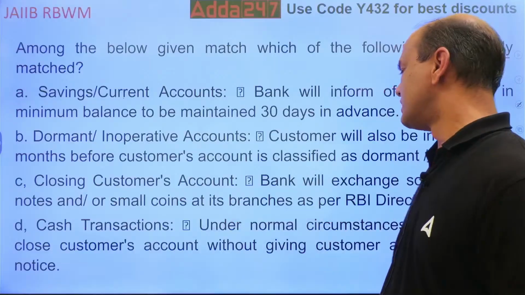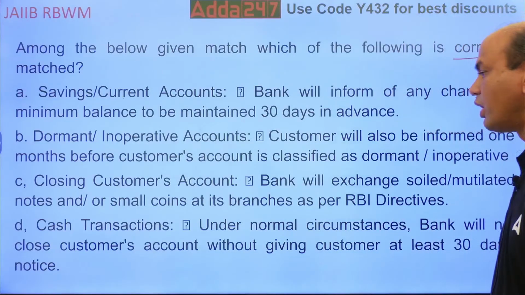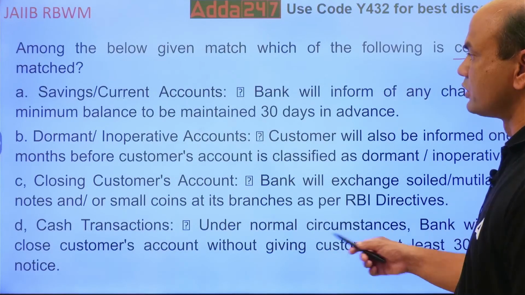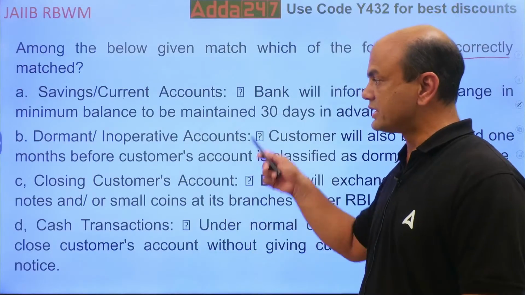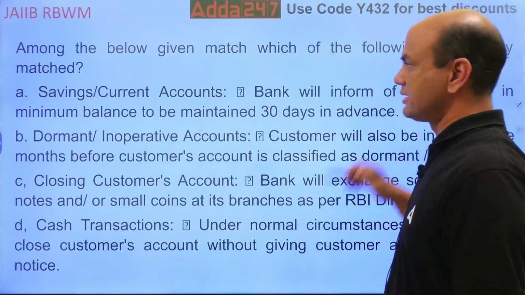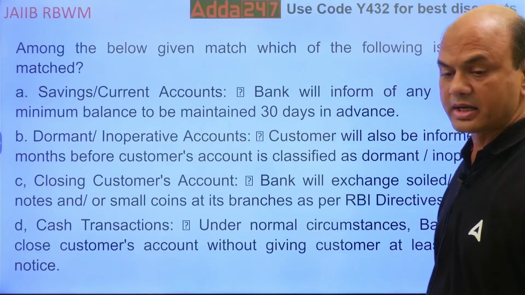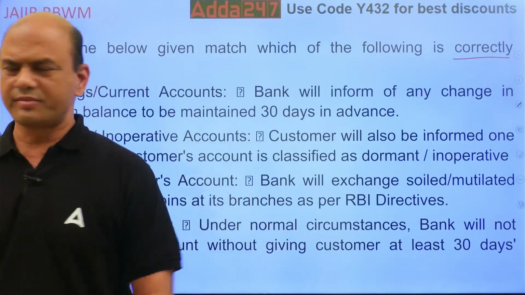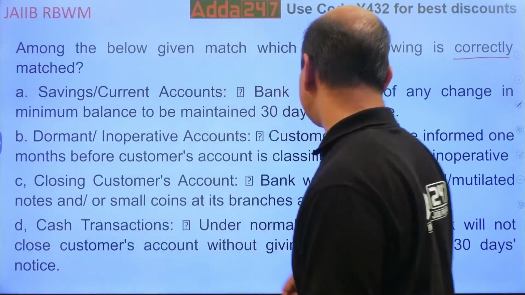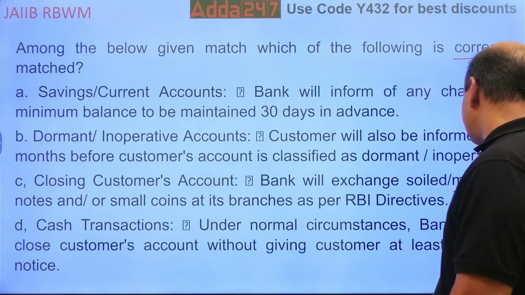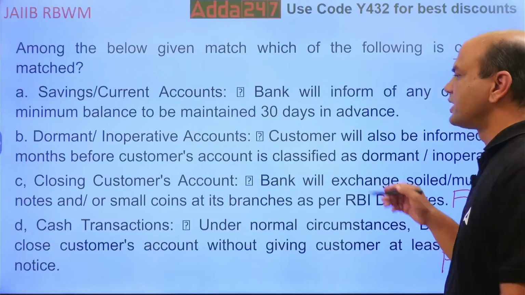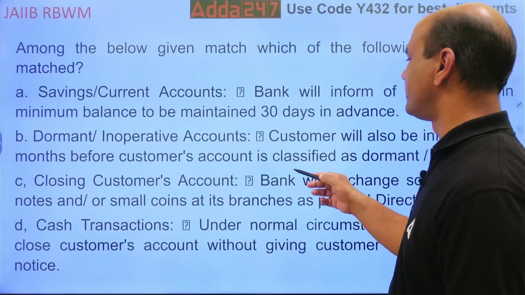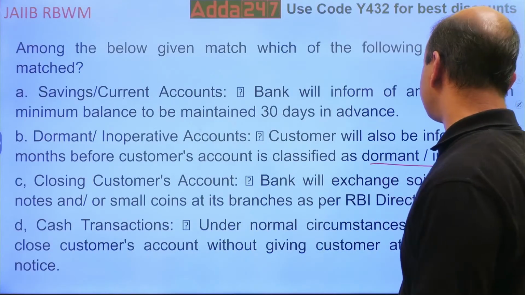Cash transactions: under normal circumstances, bank will not close a customer's account without giving the customer at least 30 days notice. So which one is true over here? See here, you want correctly matched. Think over it, which is correctly matched. Obviously C and D are out. C and D are not correctly matched. So this is false. You have to think between A and B only. Customer will be informed 1 month before the customer's account is classified as dormant.